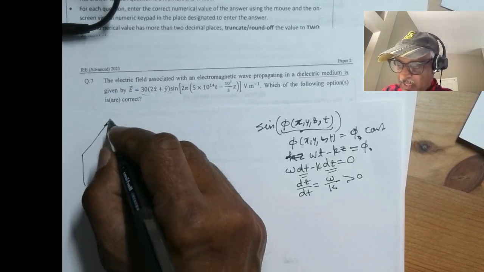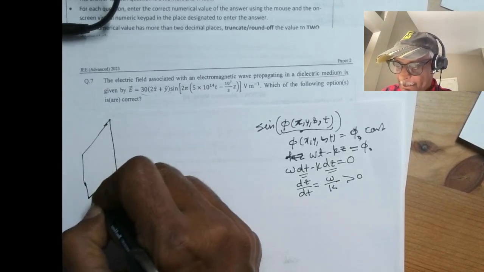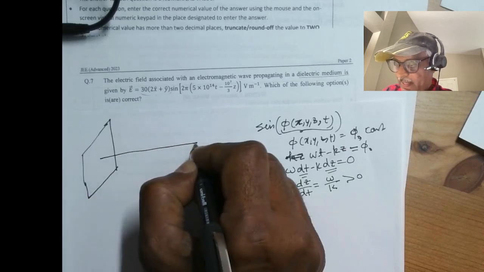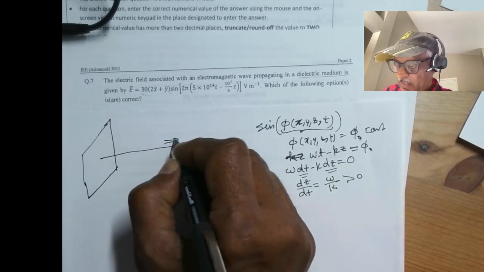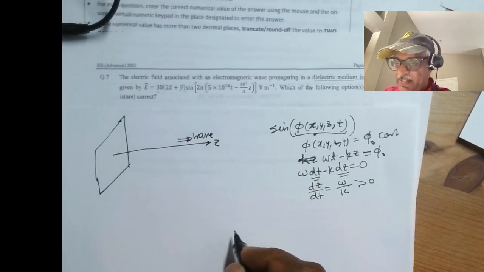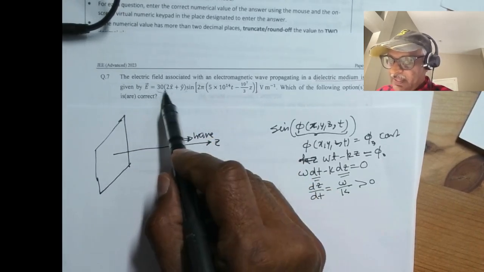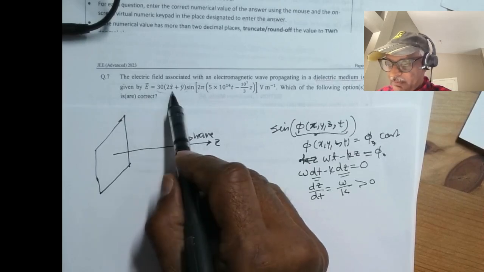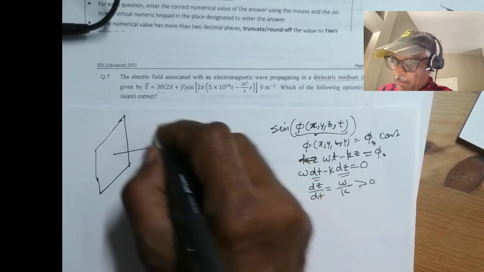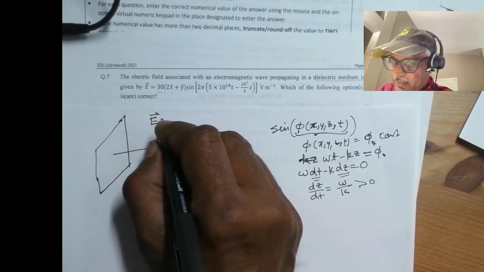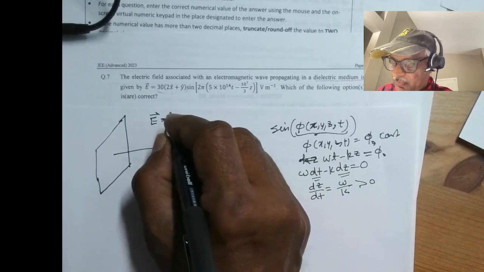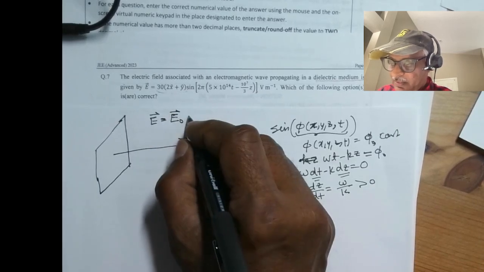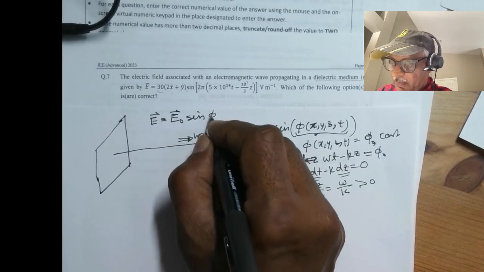So if this was the xy plane and this is the z axis, then the wave is going in that direction. And I think you know electric field is a vector, so we can write electric field is equal to some constant times sine phi.